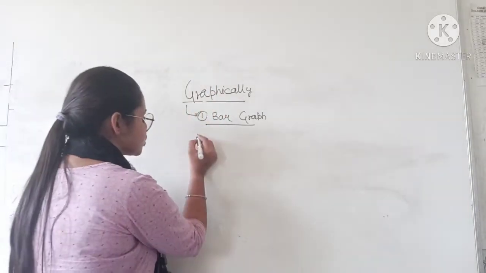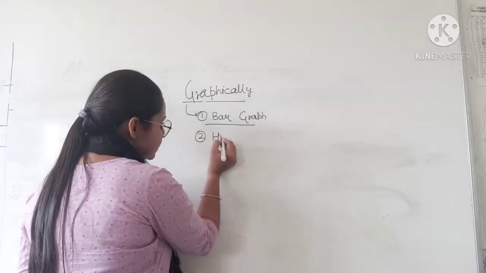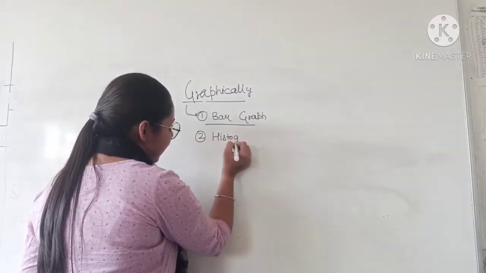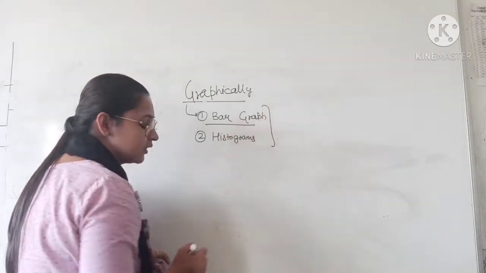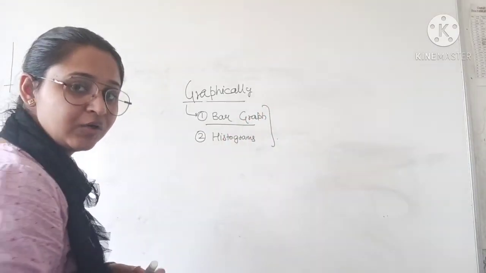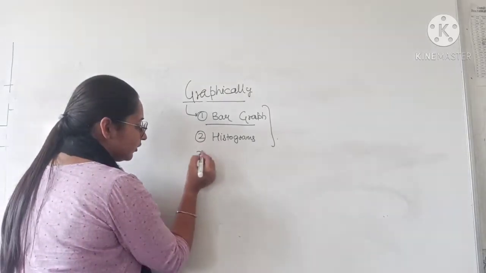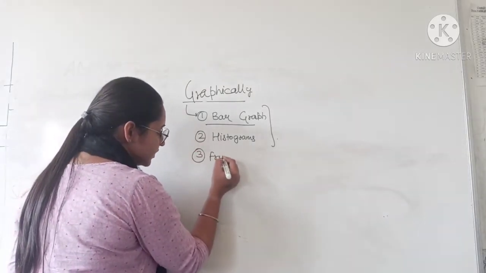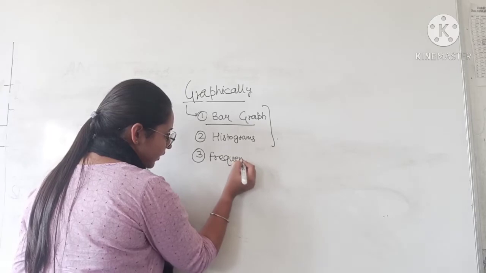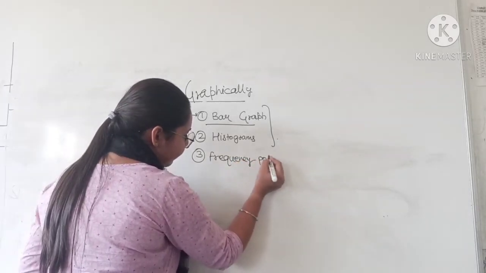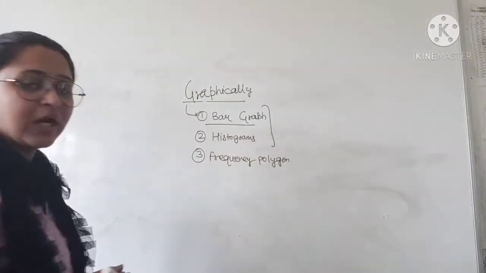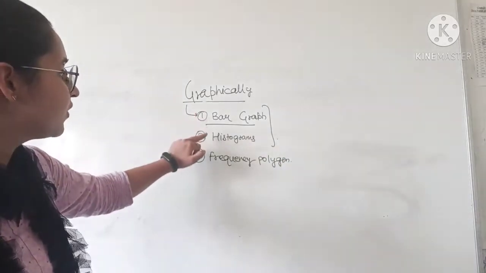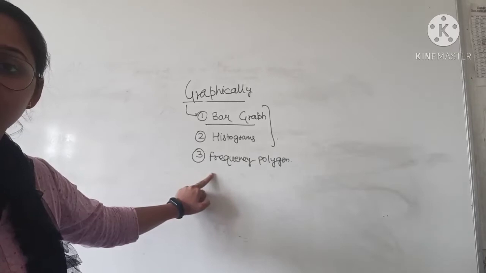Second is histograms, which is the same as a bar graph, but there is a difference that we will describe in the introduction when we do it. And third is frequency polygon. It is different from the above two methods. So there are a total of three ways: bar graph, histograms and frequency polygon.